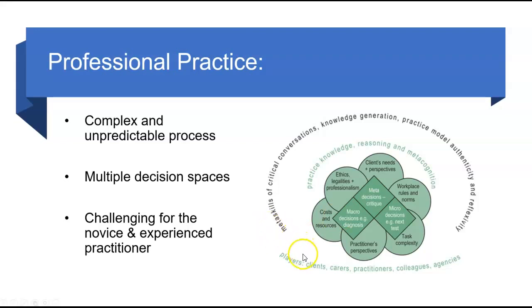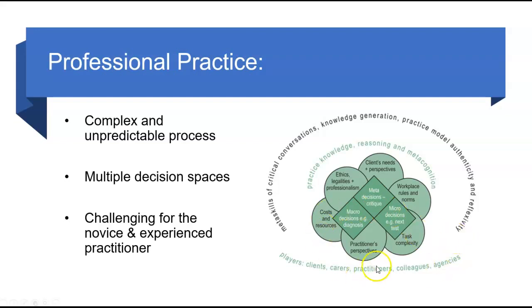Down here we have the players: the clients themselves, the carers, which could be anybody within the caring part, the practitioner, which could be us, our colleagues if we work in a large area where we are working alongside people, and the agencies themselves. So maybe we're going into a long-term care agency, and we have to think about their needs as well in terms of the full agency.